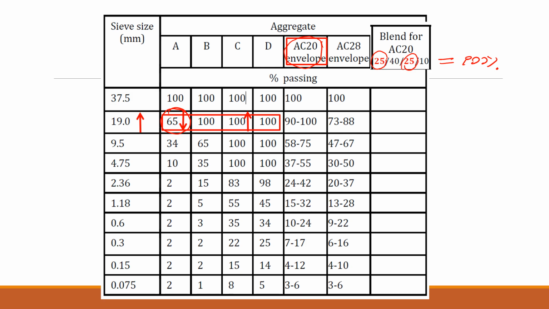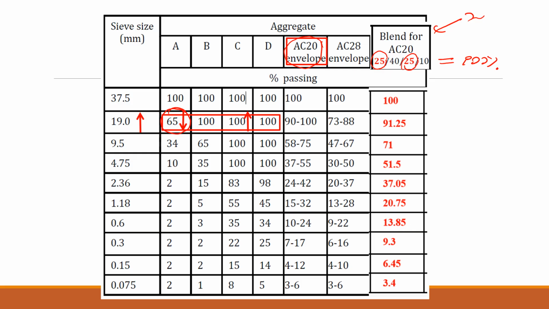Can you find the particle size distribution for this new blend? This is our trial 2. Can you find a few numbers? Okay, let me see. Do you get these numbers? At least the first few numbers.